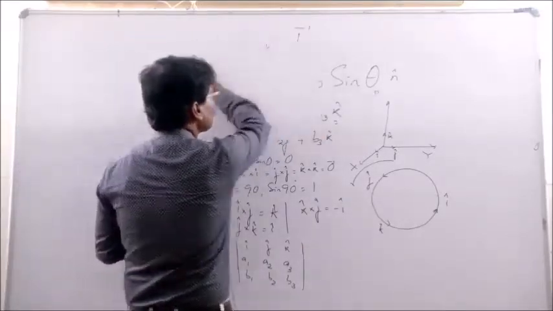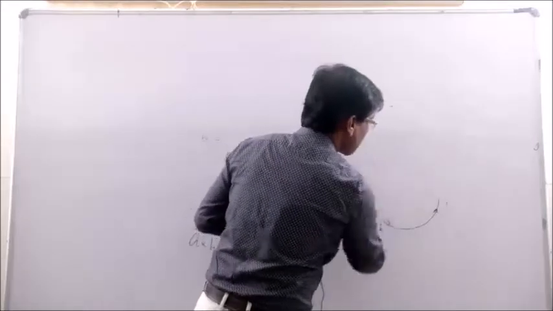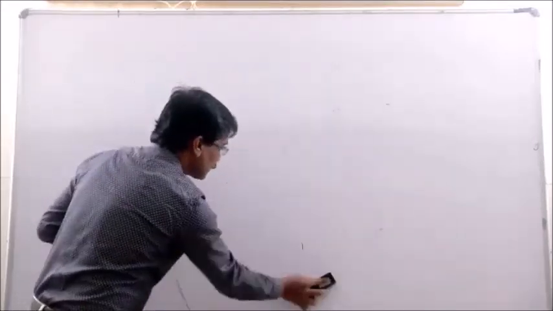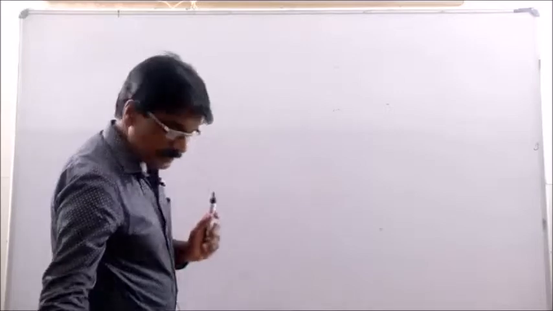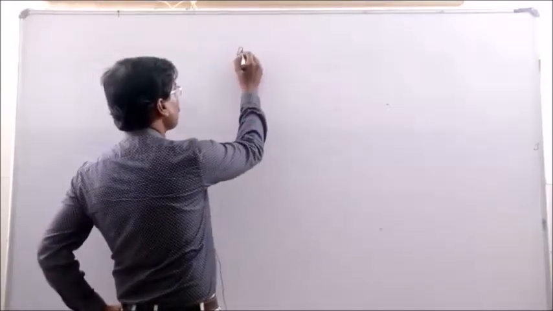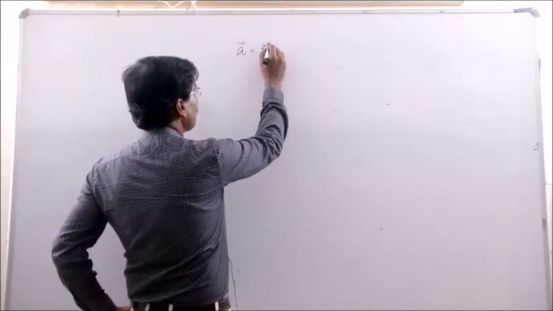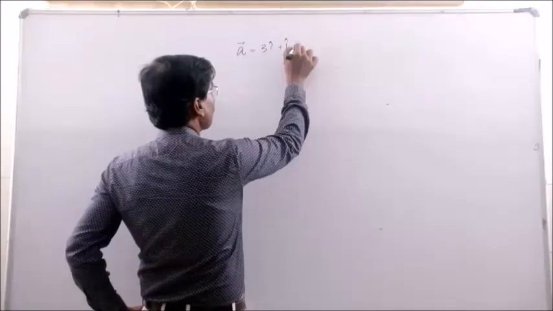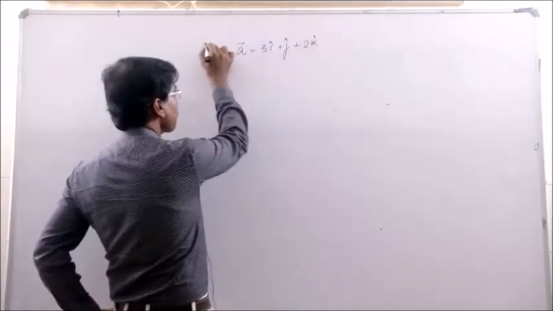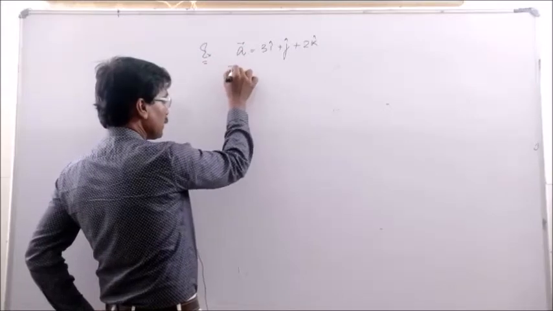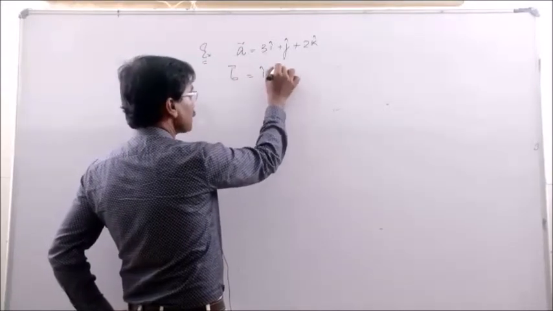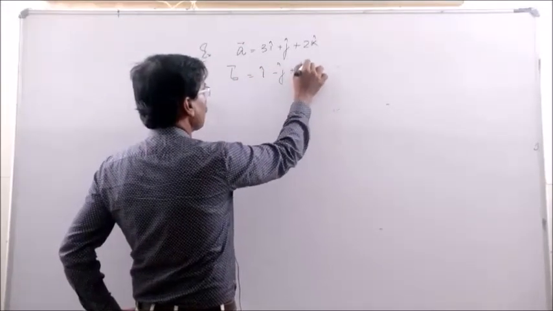So, if we take an example, say A vector is equal to 3 i cap plus j cap plus 2 k cap, and B vector is equal to i cap minus j cap plus 2 k cap.